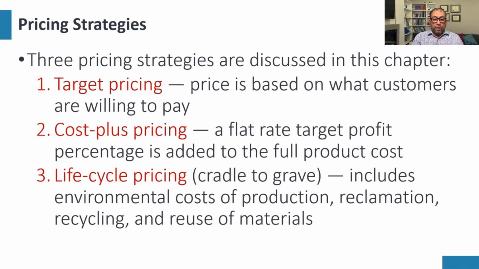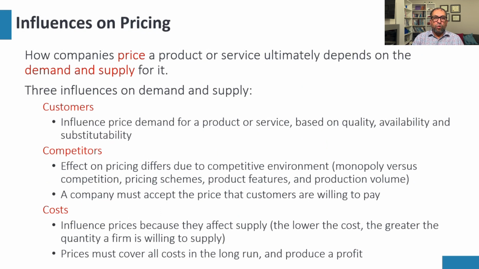But before starting target pricing, cost plus pricing, and life cycle pricing, we have to see what the main influencers are that influence our price policy decision. So, price policy.